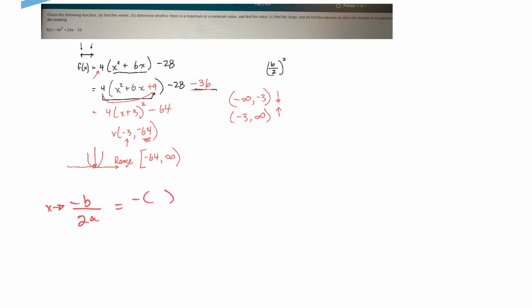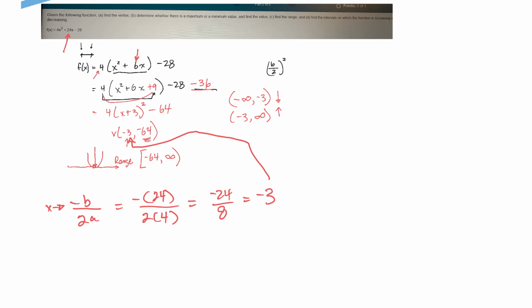To get my b value, I have to go right back to the original b up here, not that one there. So it's negative 24 over 2 times a. A is 4. So this would be negative 24 over 8, which comes out to negative 3. That's what I had right there.